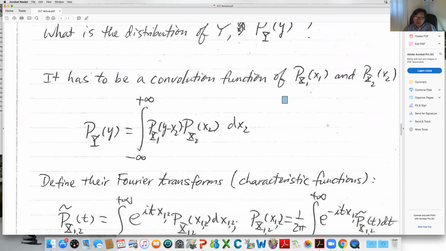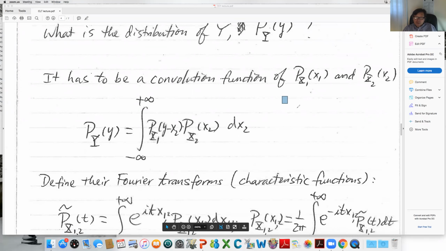Because y is x1 plus x2. If I take a sample of x1 from Rhode Island, then the Californians would be y minus x1.